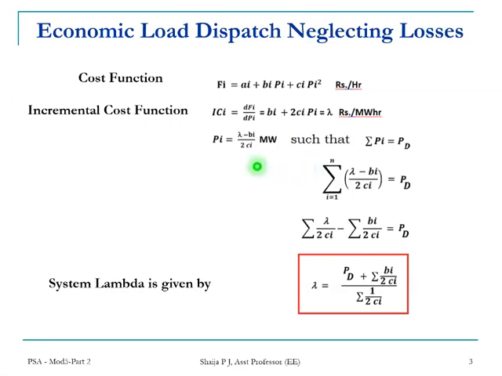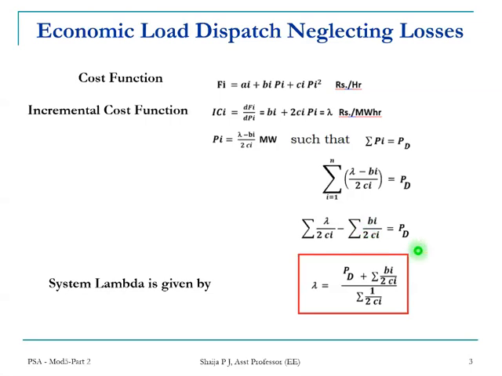So sigma Pi, which is equal to sigma i equal to 1 to n of lambda minus Bi divided by 2Ci, is equal to Pd. Thus we can expand it as lambda times sigma 1 by 2Ci minus sigma Bi by 2Ci is equal to Pd.